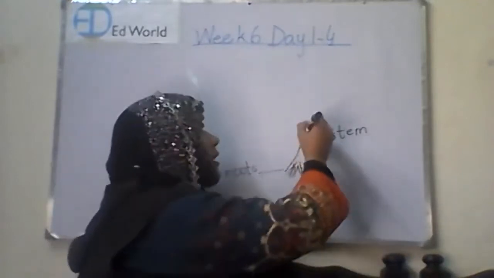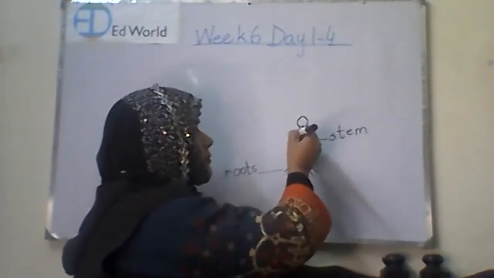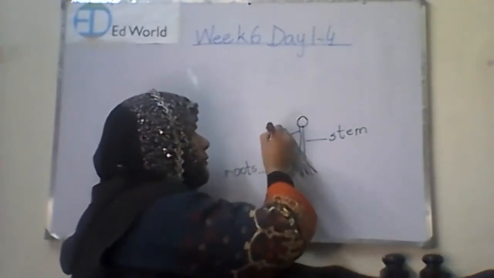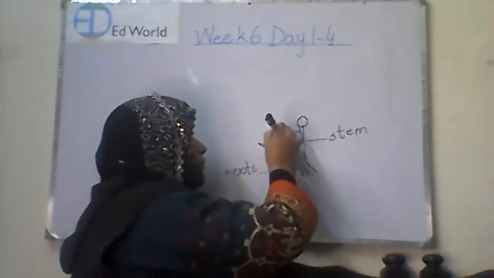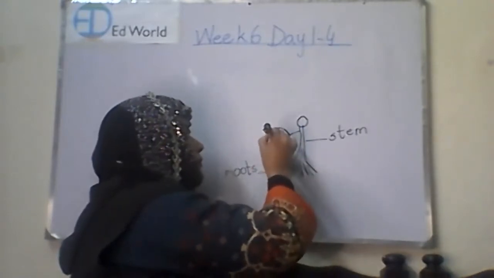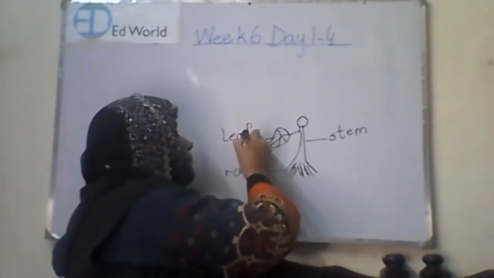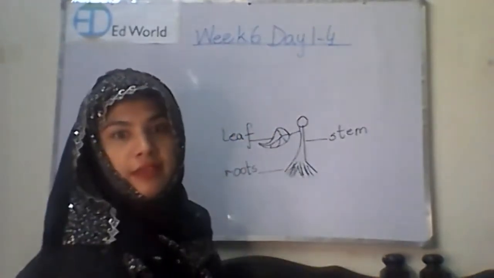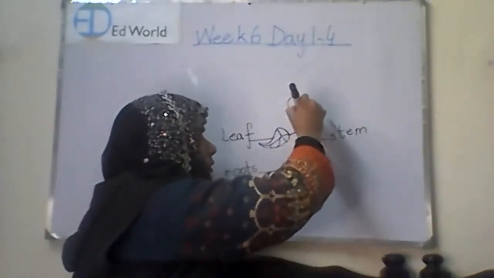Then we are going to draw a bud. Here we are going to draw the leaves. What is this called? This is called a leaf. This is called a leaf stem. Now this is a flower.